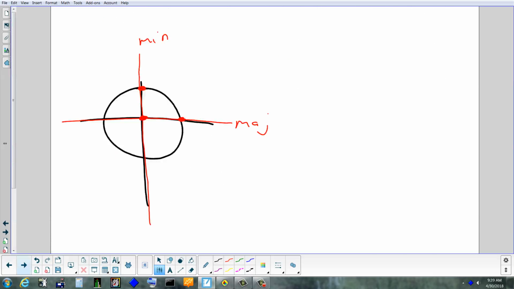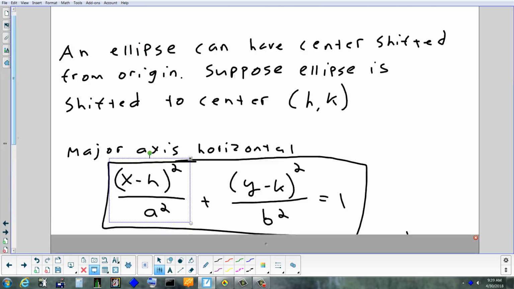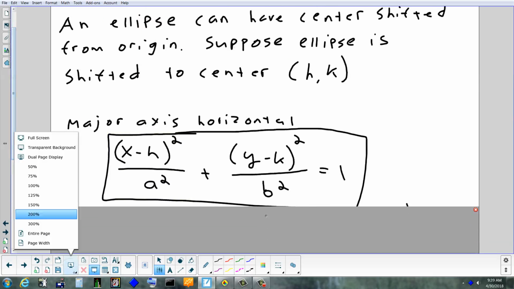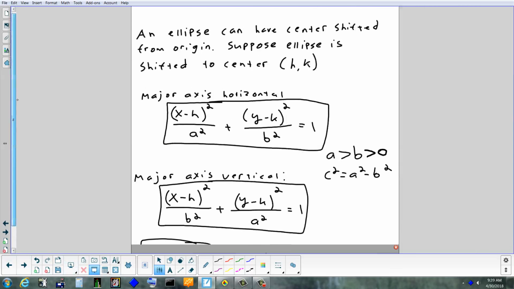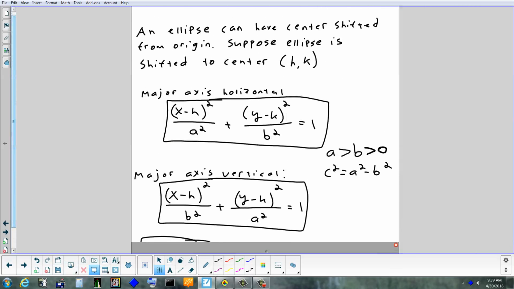All right, so last thing is when the center is shifted. What we're going to use for our variables to represent shifting the center is h comma k. So h comma k is the coordinates of the center. h will do your shifting left and right.